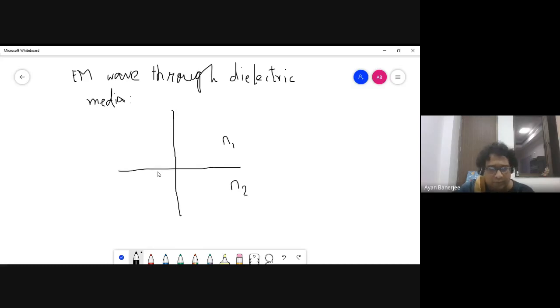By the way, I have a light beam which is incident like that. This is my theta I, the angle of incidence.